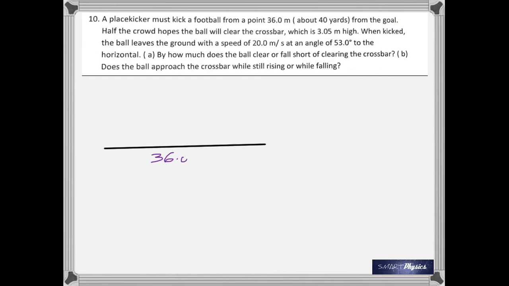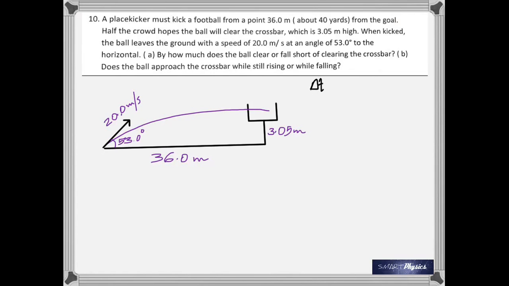That's 36 meters away. That's the goal post there, 3.05 meter high. That's where he kicks it from at 20 meter per second, 53 degree angle. Once again you resolve it into horizontal 20 cos 53, vertical 20 sine 53.